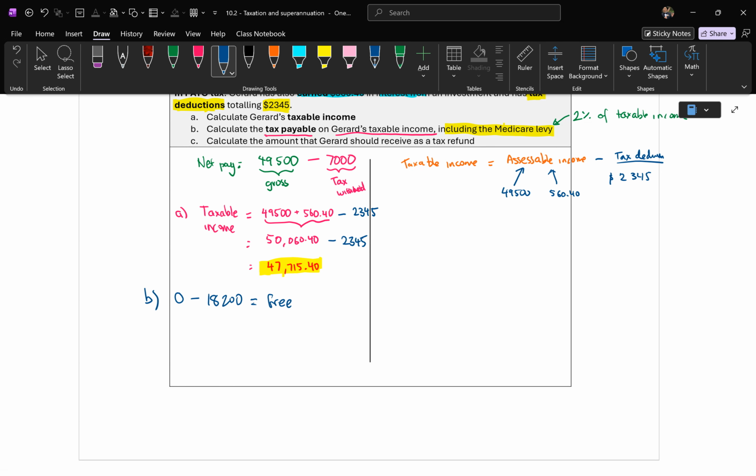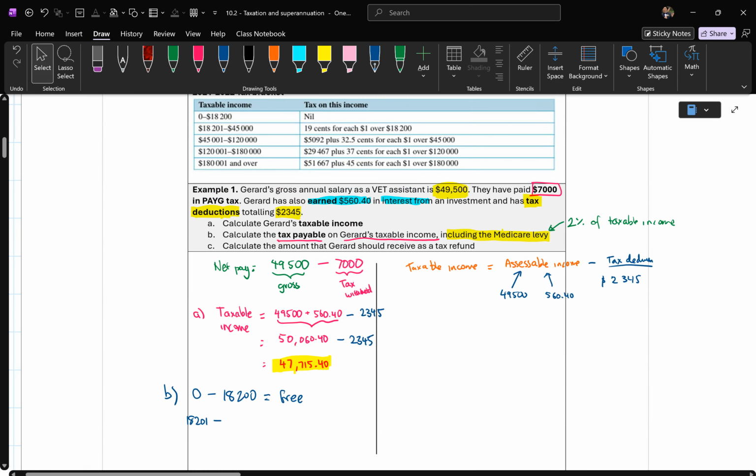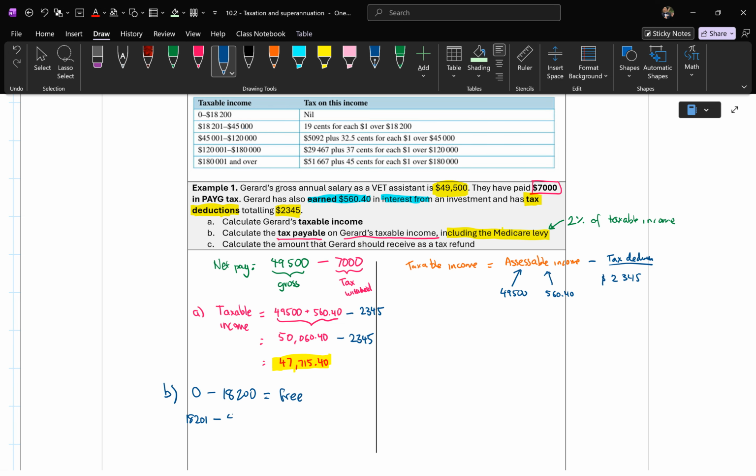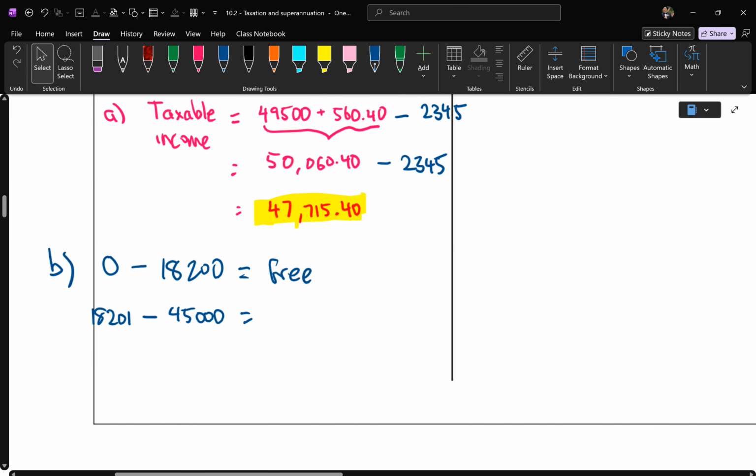This is part B, okay? So that's free. From $18,201 all the way to $45,000, you're paying 19 cents for every dollar over that point.